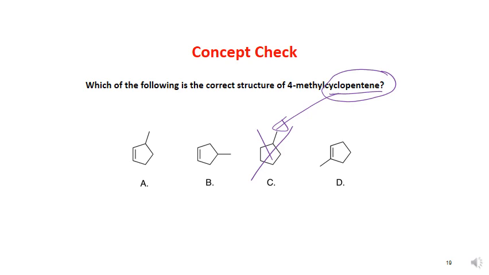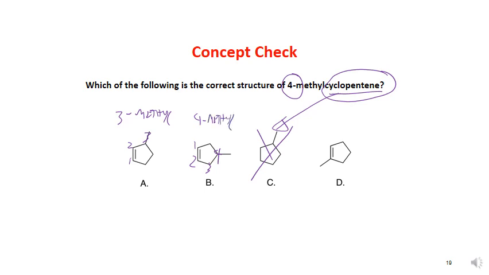So if it's 4-methyl, what does that mean? That means if we started the counting here, we'd say 1, 2, 3. Isn't that 3-methyl? But if we counted 1, 2, 3, 4, that's 4-methyl.